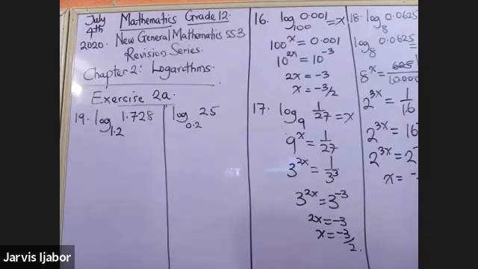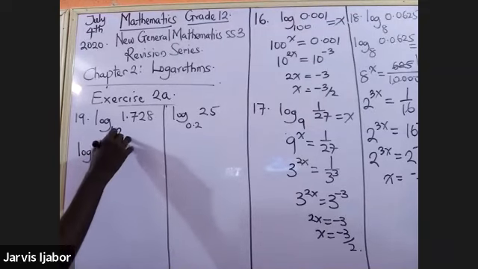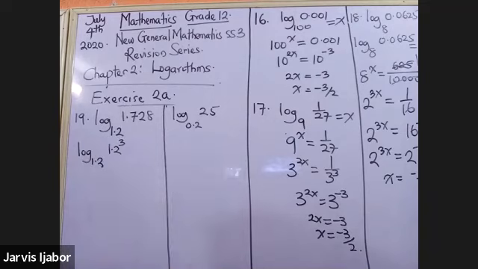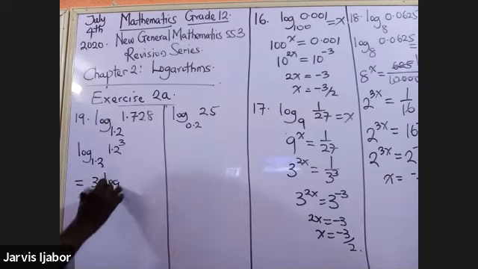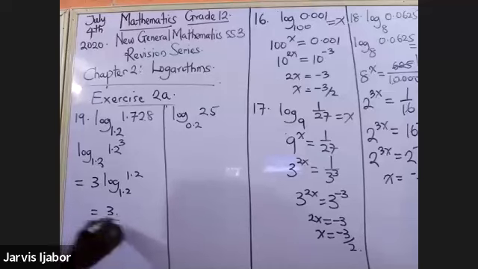So with this, we're going to have that log of 1.2 raised to the power of 3. Check that. 1.2 raised to the power of 3 will give you this answer. I know that. So for me, this will be 3 log 1.2 base 1.2, and that will be 3. So practice has helped me.